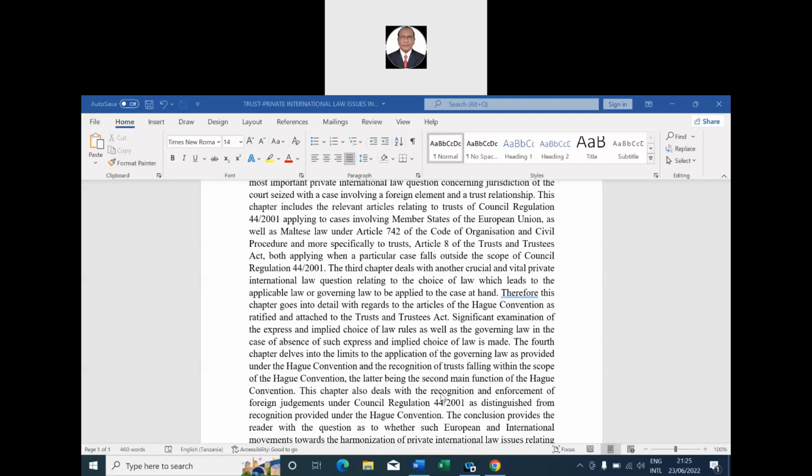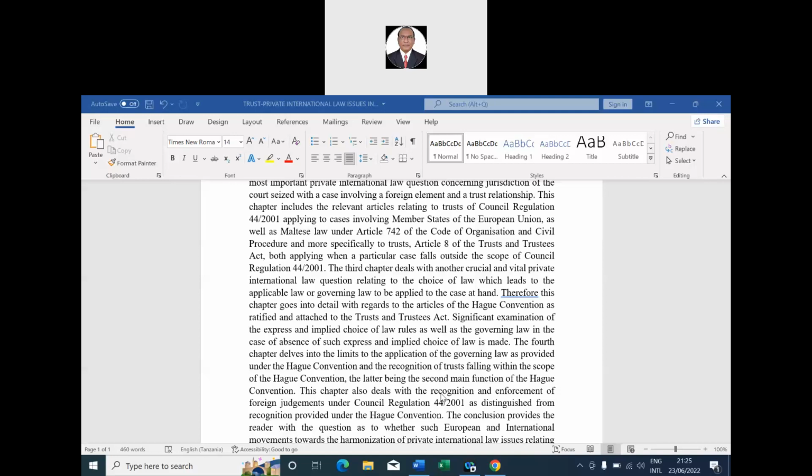See, in the trust also, there are cases of a foreign country. At that instance, can we recognize and enforce such a foreign judgment? Again, the question is, it depends upon the state parties. If there is any charter, or if they are members of a particular state, charter, or treaty, then definitely. But when it is not a member state of a particular charter, how can we implement it?